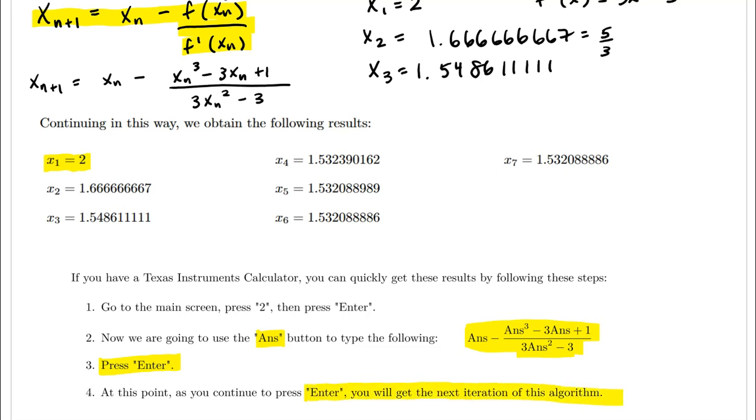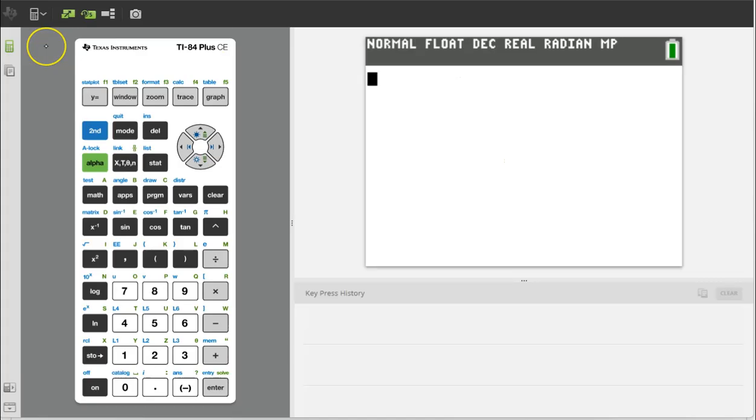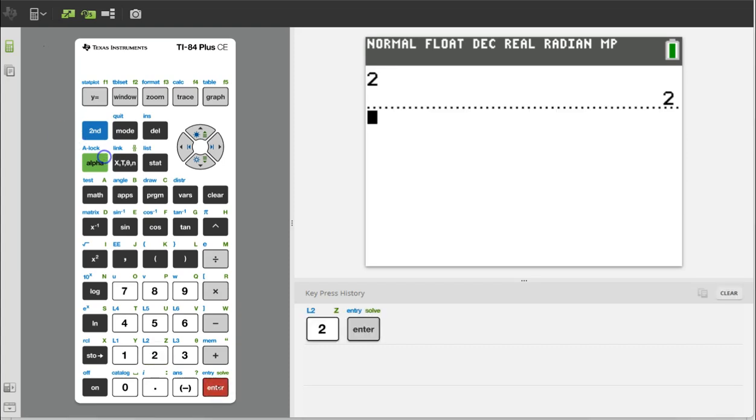So here's a more detailed view. Let's see what that looks like on the TI calculator. Okay, so it says press 2 and then enter. And notice in the bottom right corner, it has my keystroke history, so you can follow along that way. Now what I'd like to do is enter in that expression utilizing the answer button. So I have answer minus.